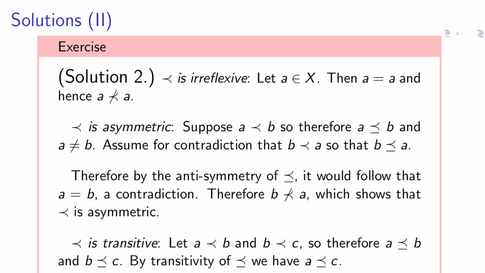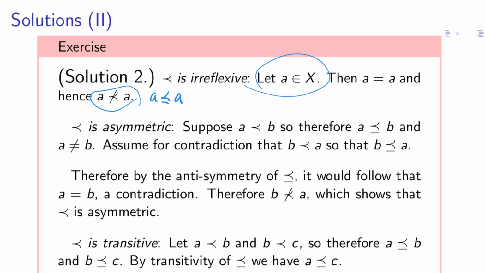So to show that it is irreflexive, we'll pick an arbitrary element A out of our set and show that the relation does not hold from this element A to A. Part of the definition of A precedes A is that A ⪯ A, although that's not going to be relevant here.